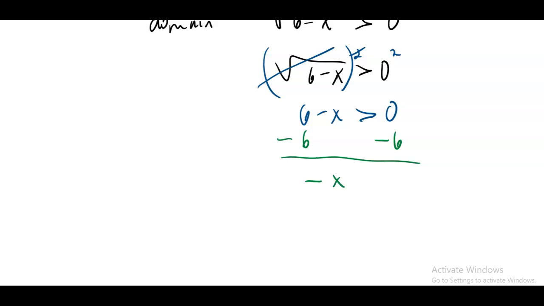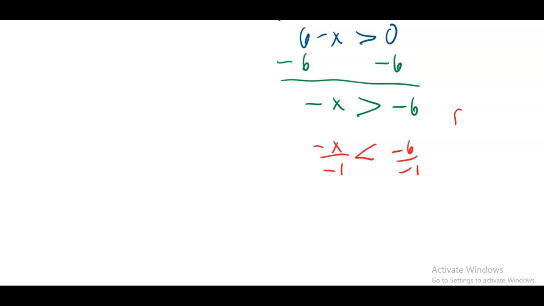We're left with negative x is bigger than negative 6. Now we'll divide both sides by negative 1, and we have to flip the inequality because we're dividing by a negative. So our final answer is that x needs to be less than 6. So this is the domain.